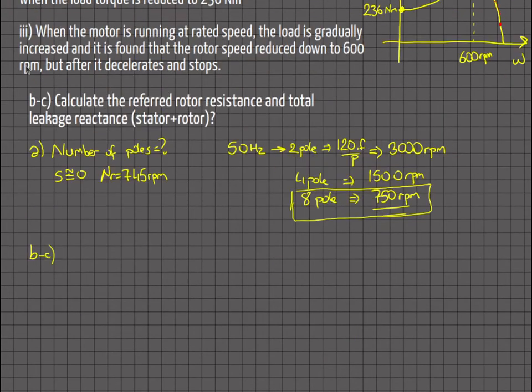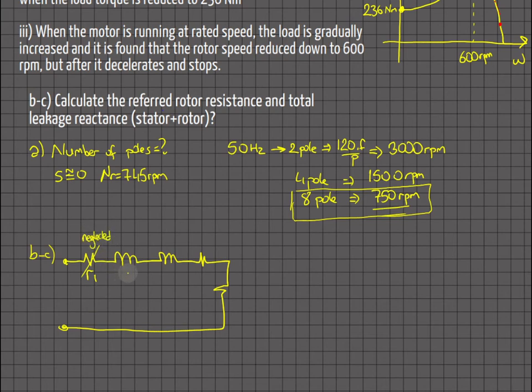So let me try to draw the equivalent circuit. We don't have a parallel branch. Normally that is where I have R1, but that one is neglected, as given in the question.